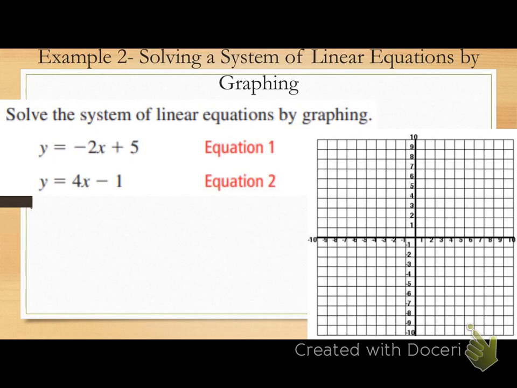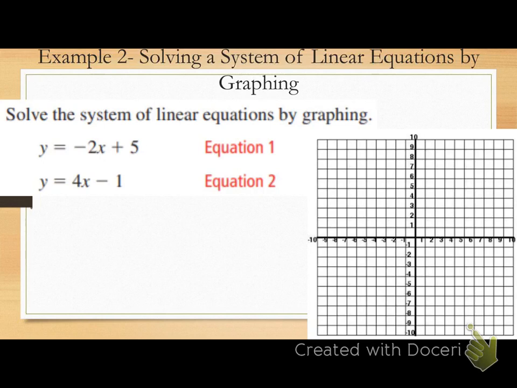Example 2. Solve the system of linear equations by graphing. So I have y equals negative 2x plus 5, y equals 4x minus 1. What form do I want my equations in to easily graph? Slope-intercept form is probably going to be the easiest method.